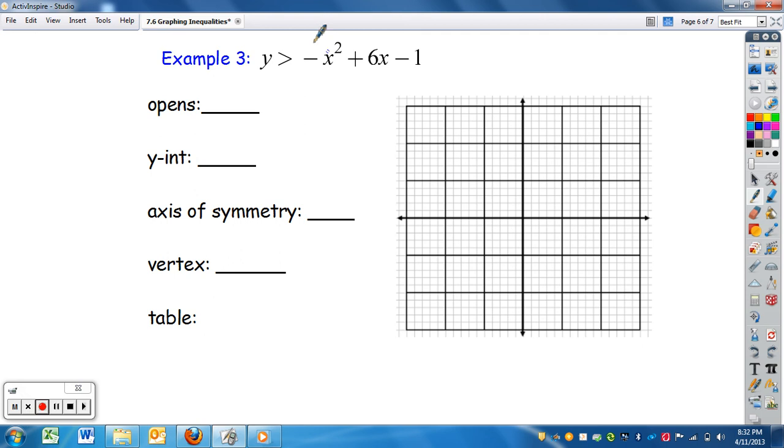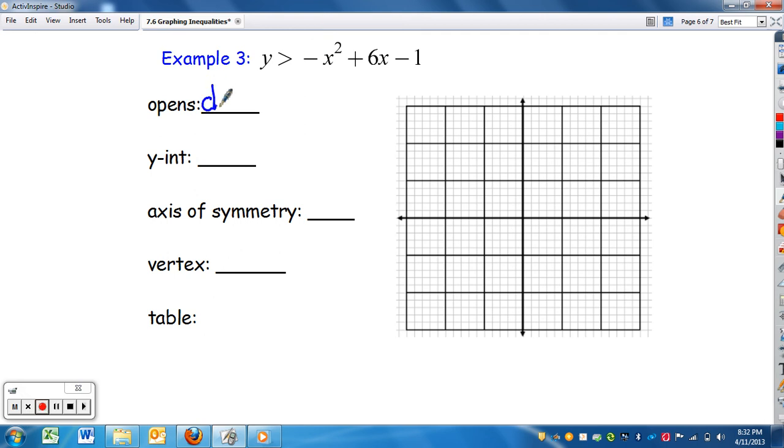Alright, so the last example. In this one, it opens down because a is negative. My y-intercept is (0, negative 1). Doing my axis of symmetry, negative 6 over 2 times negative 1. This comes out to be x equals 3. Doing my vertex, x is 3.